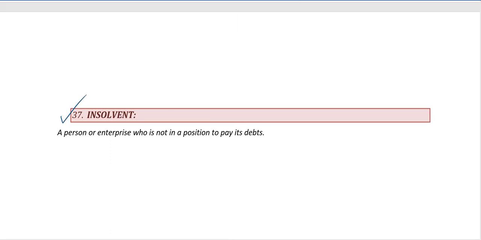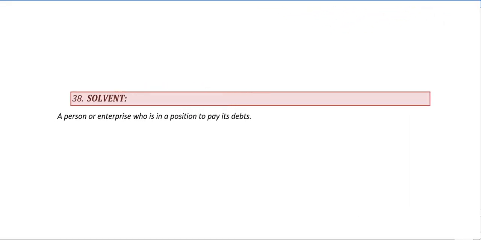37th term, insolvent. A person or enterprise who is not in a position to pay its debts is considered as insolvent. So, a person or enterprise who is not able to pay whatever is payable by that person or entity, then he or the enterprise is referred to as insolvent. 38th term, solvent.